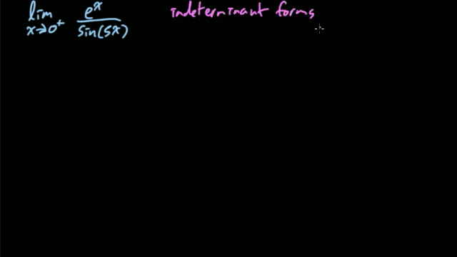Two of the indeterminate forms that you're going to see most often in these limit problems are 0 over 0 or infinity over infinity. When you see them, something should go off in your head and say, oh, I'll bet that this limit actually approaches something.